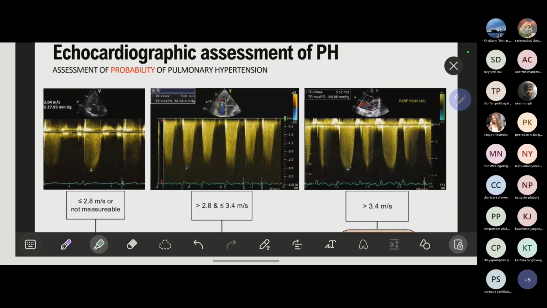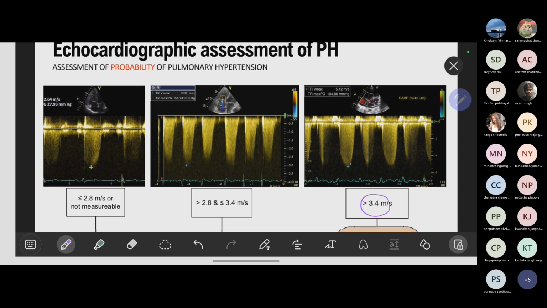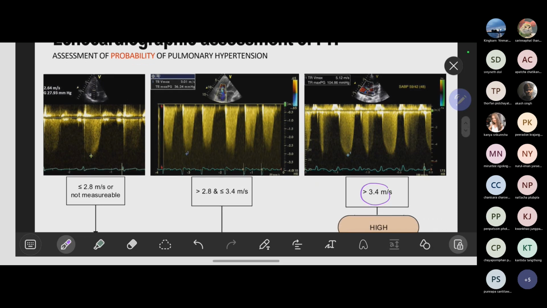If peak TR velocity is a good quality signal like this, and is greater than 3.4, then the echocardiographic probability of pulmonary hypertension is high, and no other echocardiographic sign is needed.